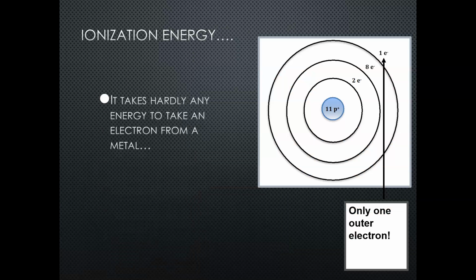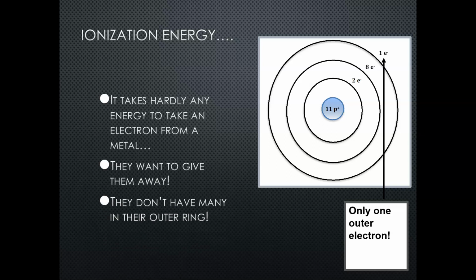So when we look at ionization energy, it hardly takes any energy to take an electron from a metal. They want to just give them away. They don't have very many in their outer ring. They want to get as close to full as they can, and the quickest way is to slough those electrons off onto something else.